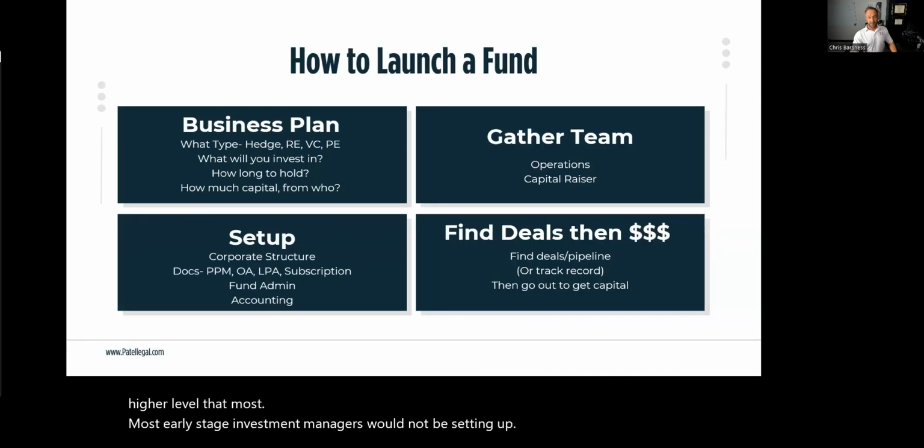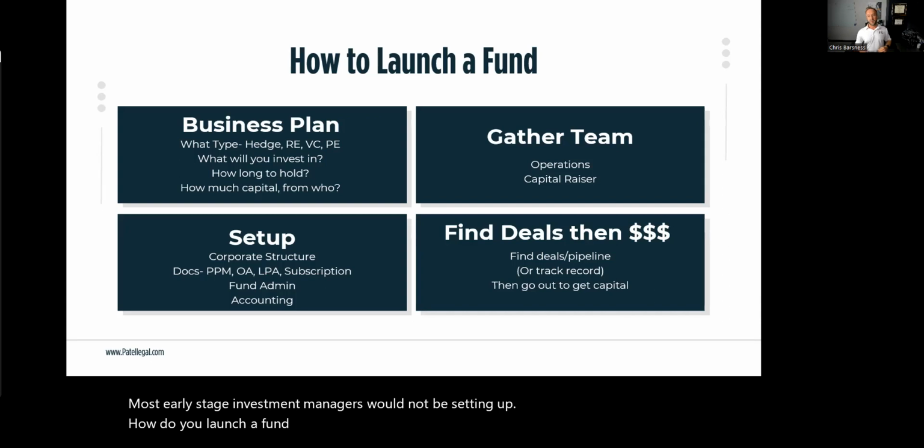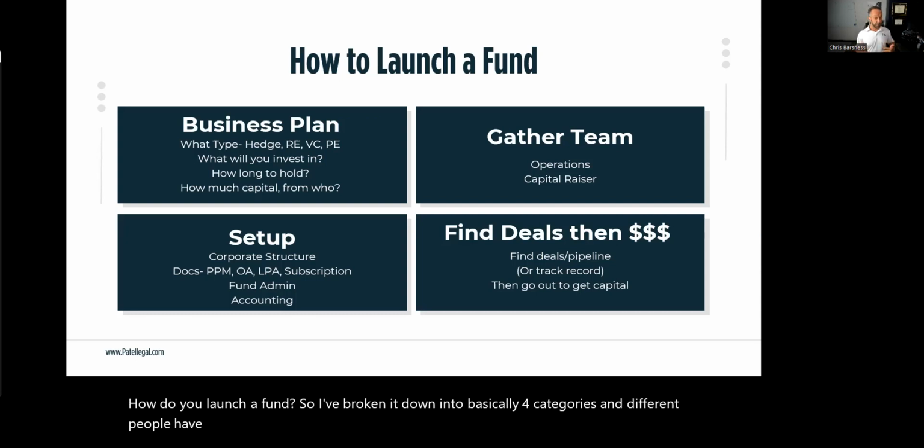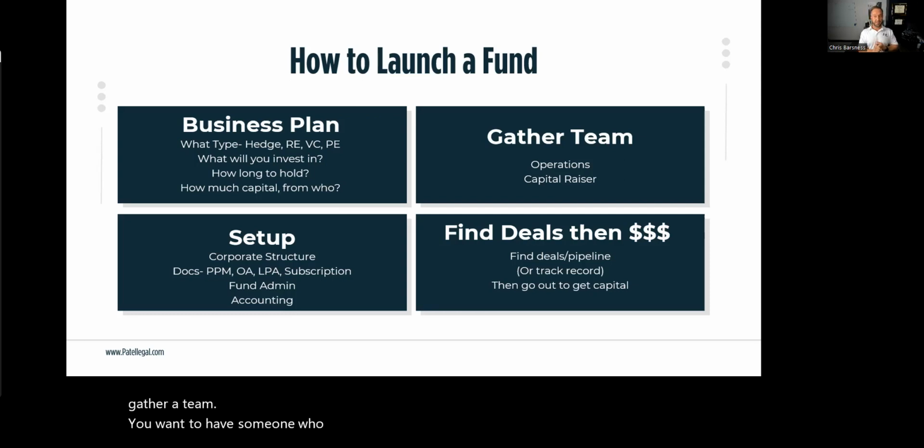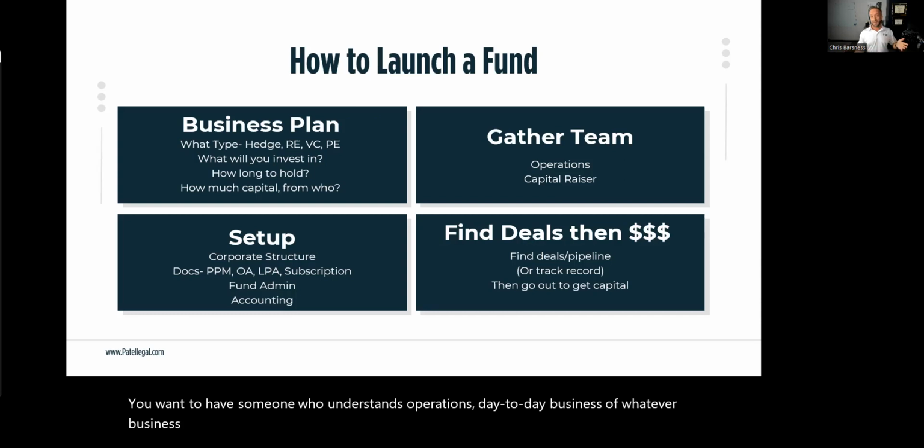Now, how do you launch a fund? So I've broken it down into basically 4 categories, and different people have different opinions on what you do first. Obviously, you need a team. You need to gather a team. You want to have someone who understands operations, day-to-day business of whatever business you're doing. Someone who helps raise capital, deals with investors, maybe someone who's good in finance.